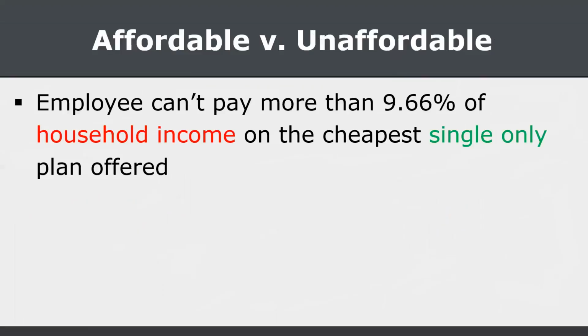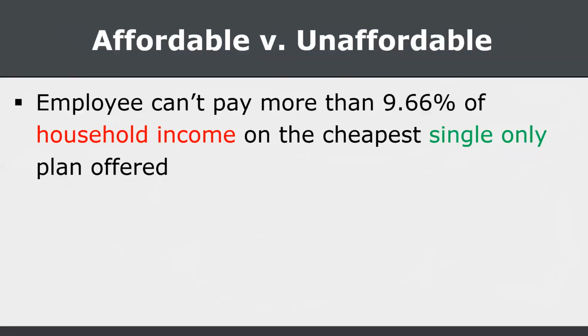Okay. So this concept of affordable versus unaffordable, you need to know it because one of the things you're going to have to tell the IRS in appealing this form, potentially, is no, we made an affordable offer. But you have to know what's affordable versus unaffordable. Which is where, again, the safe harbors come in. So affordability, just to remind you, for 2016, we always used to say 9.5%. For 2016, it's up to 9.66% of that employee's household income.